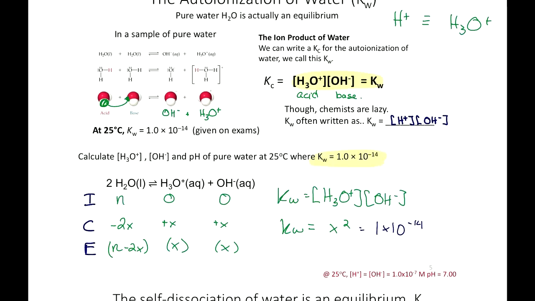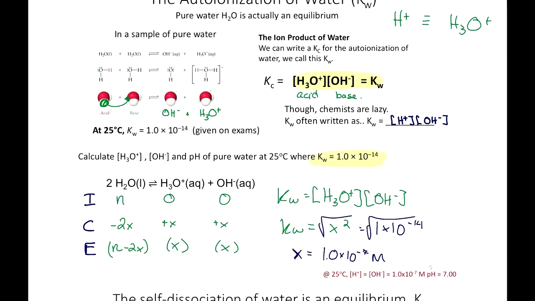Can we solve for x without the quadratic? Yes, we can. We can simply take the square root of both sides, and so we see that x is equal to 1.0 times 10 to the negative 7 molarity. But as chemists, we need to understand what that x represents. Yes, it's the concentration, but the concentration of what?